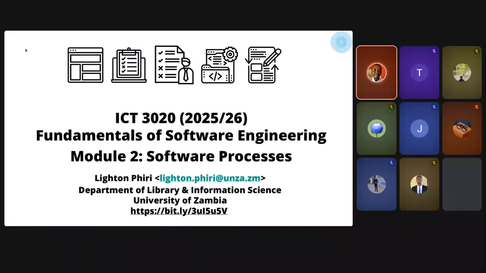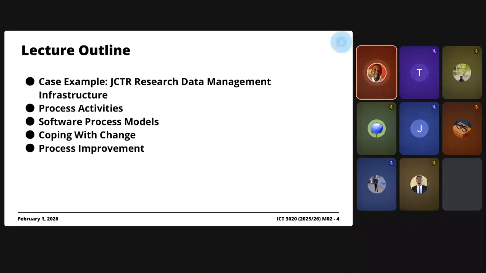After which we shall gloss over how we cope with change, and then finally how we continuously improve the software process itself, in essence, the SDLC. What are some of the things that we tend to do to improve the process? Okay.